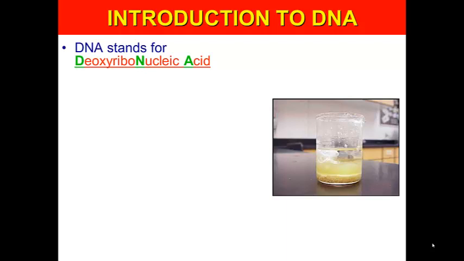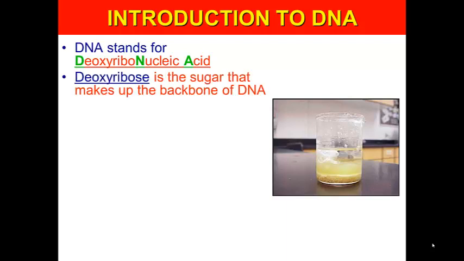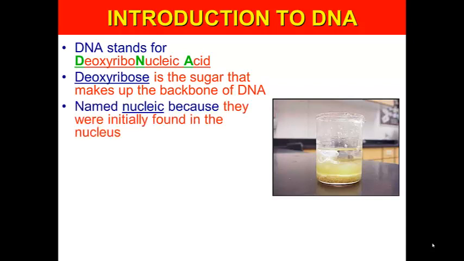DNA stands for deoxyribonucleic acid. Deoxyribose is a sugar that makes up the backbone of the DNA molecule. They added nucleic because it was initially found in the nucleus. However, we now know that DNA and RNA are found in other locations as well.